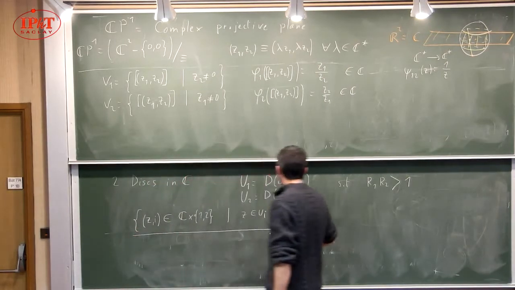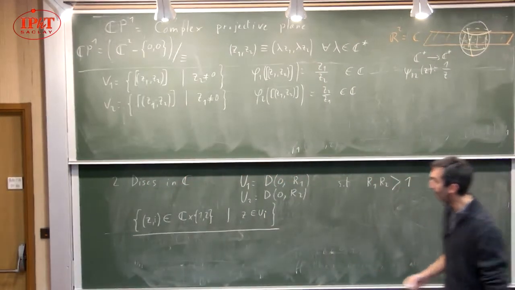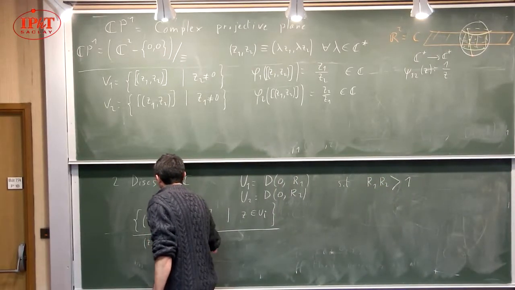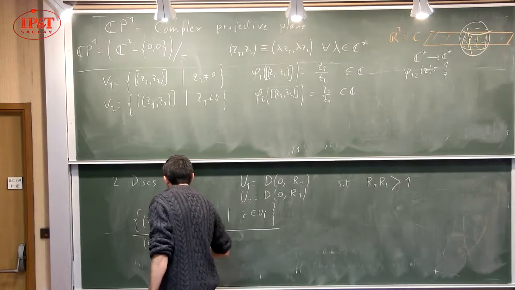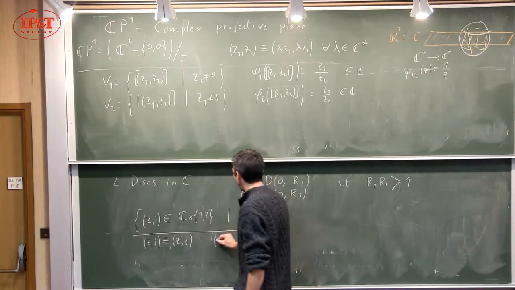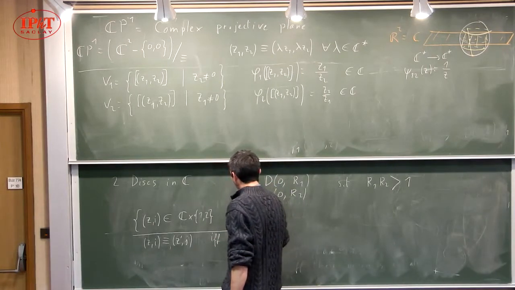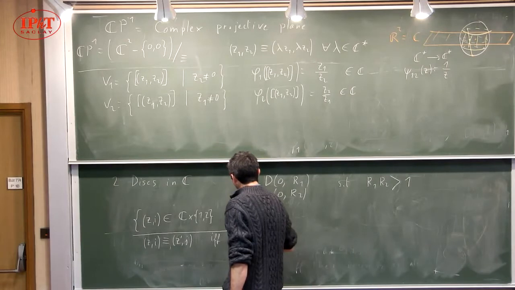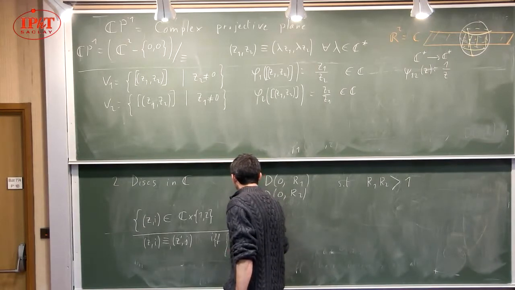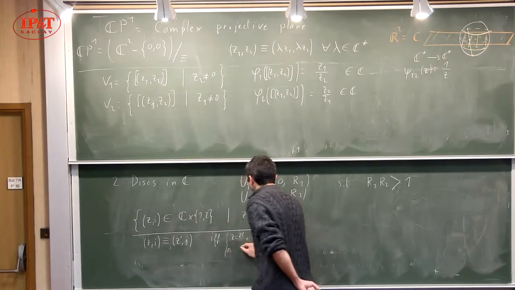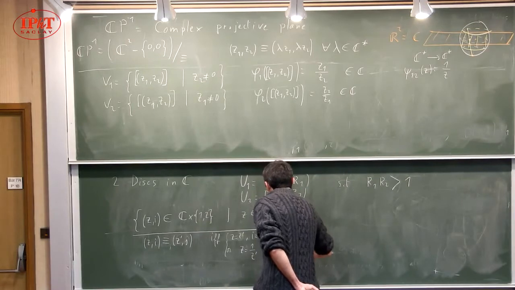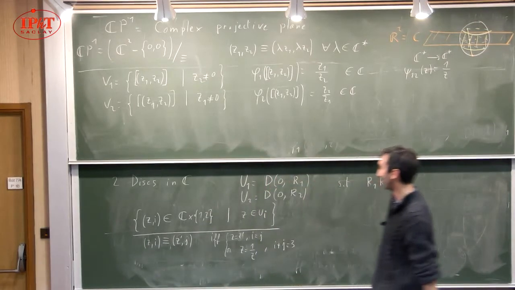And I will quotient by the identification. So I will say that Z, i is equivalent to Z prime, j if and only if, well, either Z equals Z prime and i equals j, or Z equals 1 over Z prime, and i plus j equals 3.